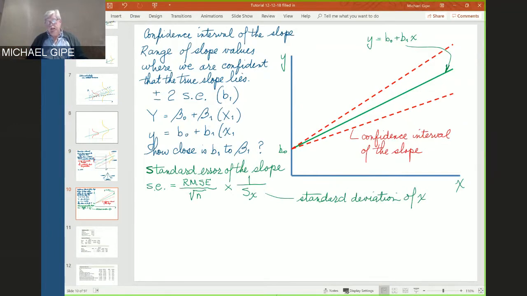Notice again that we're using RMSE, and that an assumption here that we don't talk about that much is that the variance or the standard deviation of RMSE is the same at any point along the line. Otherwise, we don't have a really good confidence interval for the slope. Maybe it's different at different points along the line, and that's kind of hard to imagine for a linear model.